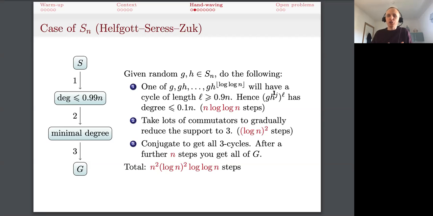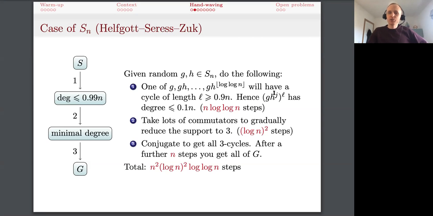And then you can take two of these elements and take the commutator of them. And as long as the supports overlap, but not by too much, then the support will reduce a lot. So you do this argument repeatedly, and eventually what you get is an element of minimal support. So you get a 3 cycle in the end.